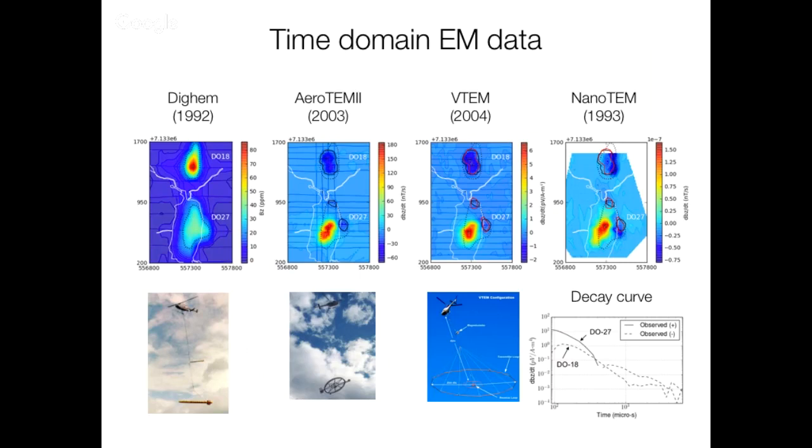Anyway, so they did that. I was actually at the conference where this was presented by Ken Witherly and Joel Jensen. And they were really perplexed with this. That caused AeroTEM to come back and do a second survey.